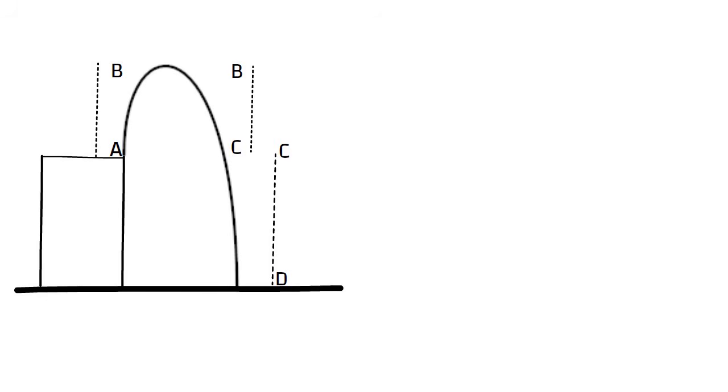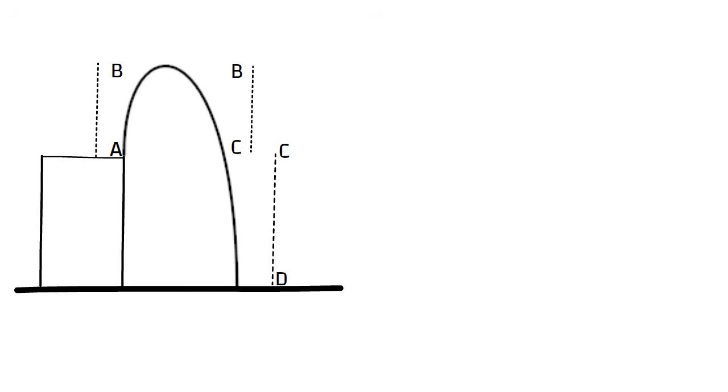There is a difference between these two things: the maximum height reached by an object, and the maximum height reached by an object above the ground. The ground, you see it at point D. So if they say calculate the maximum height reached by an object, you calculate delta y of AB or of BC, it is the same. If they say calculate the maximum height reached by an object above the ground, now they are being specific, the maximum height reached by an object above the ground.